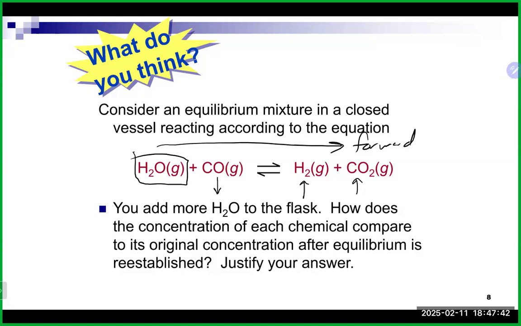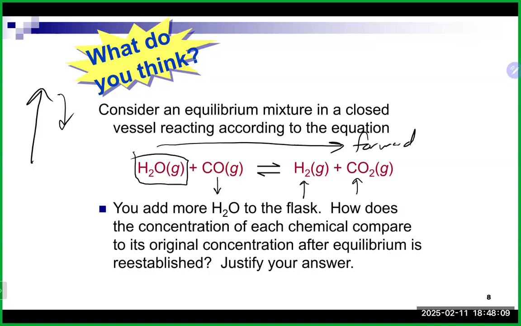How about the water? What should happen with the water? It should overall decrease, but what you would actually see is that it will spike up, and it will only spike up because you added it. So it definitely is going to jump up. But once you artificially made it jump up, what you should then see is that it starts reacting with the CO, and you should start to see it work its way back down.